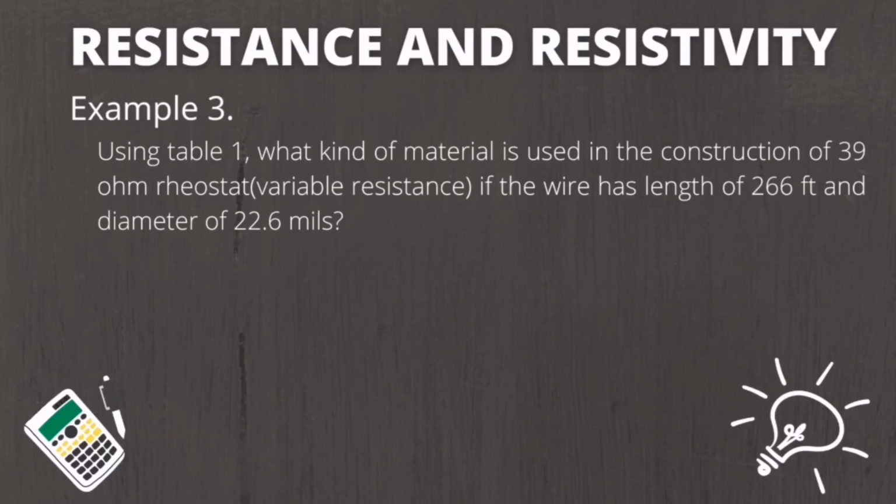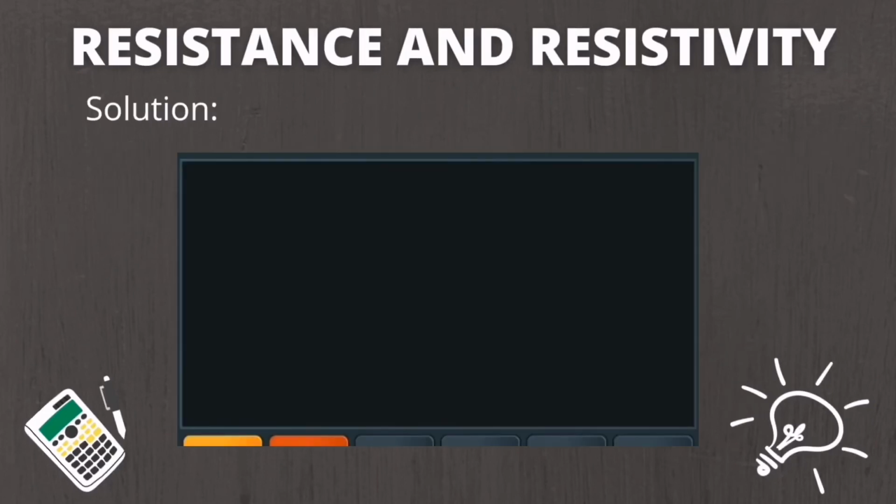First thing to do, we have to solve for the resistivity. We use the formula R equals ρ times length divided by cross-sectional area. Using the calculator, 39 ohms equals ρ times 266 feet divided by 22.6 mils squared.